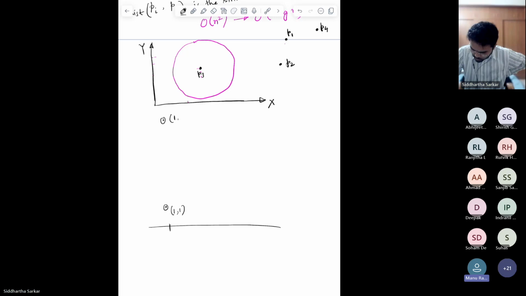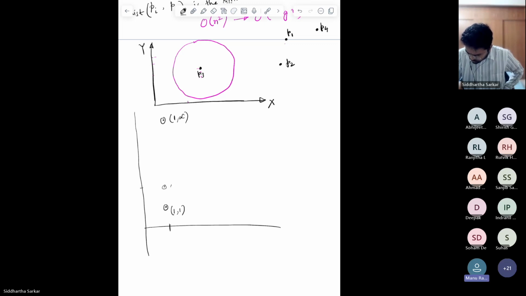So the projection will be very close to x or the same x itself. Similarly, you pick a point on y equal to 2, and x is 1, let's say. Then again, similarly, the x will be infinity for P4.